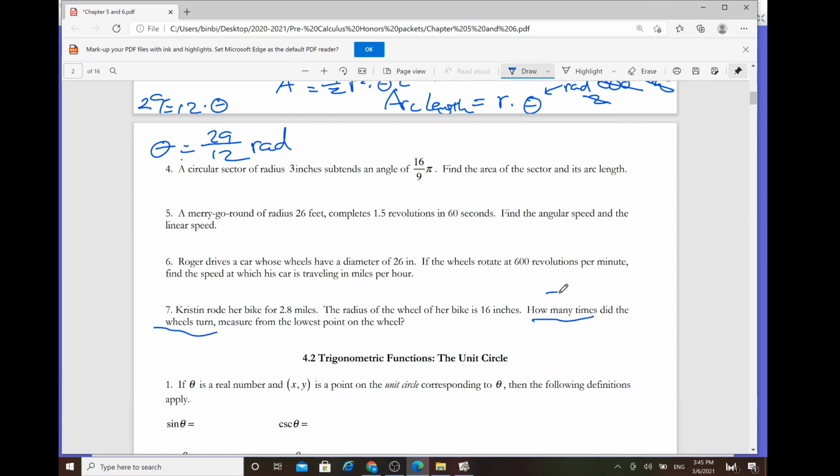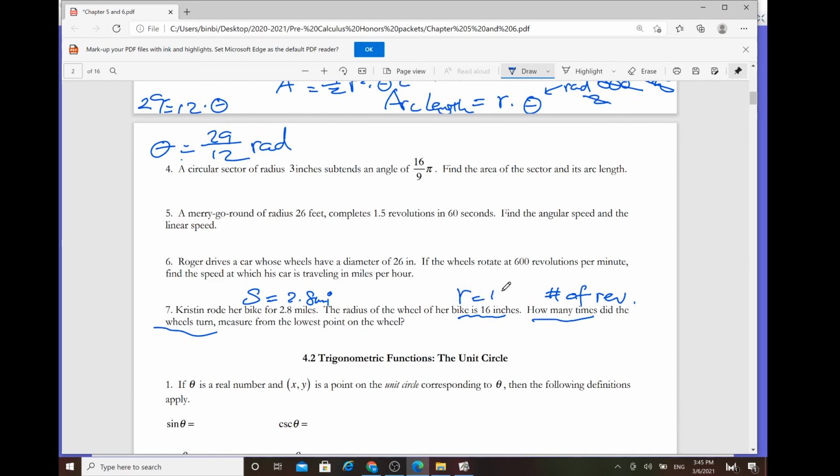So the number of revolutions. One thing that we notice, we do know the arc length, 2.8 miles, and we do know the radius. The radius of the wheel of the bike is 16 inches.